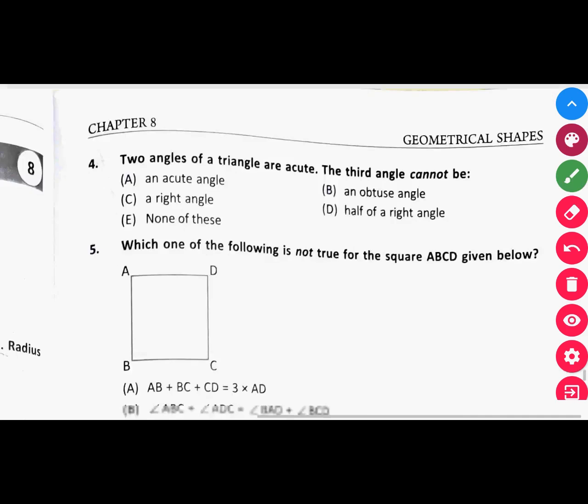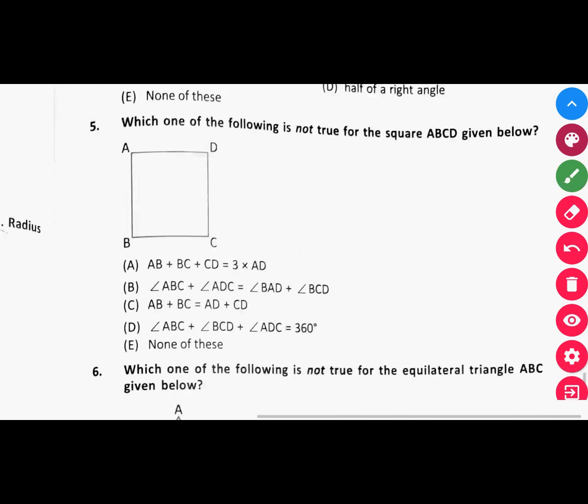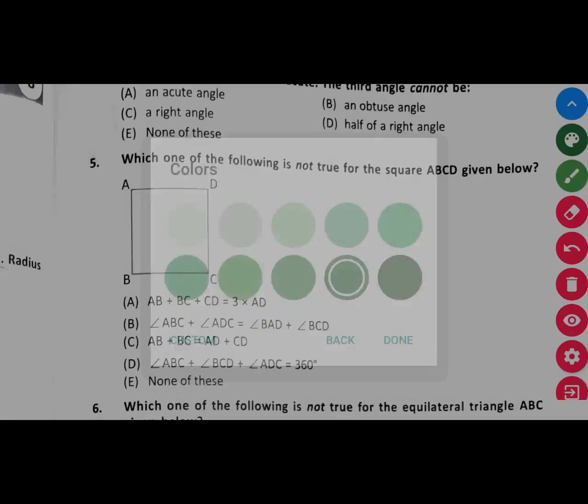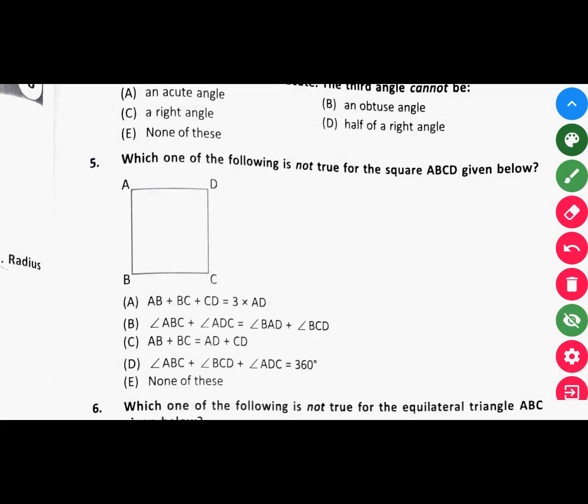Which one of the following is not true for square ABCD given below? ABCD square. AB plus BC plus CD is equal to 3 into AD. Yes, it is possible.